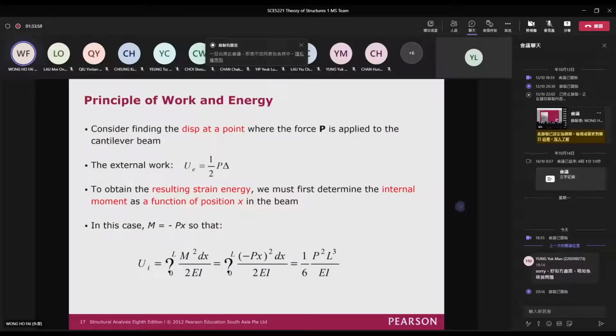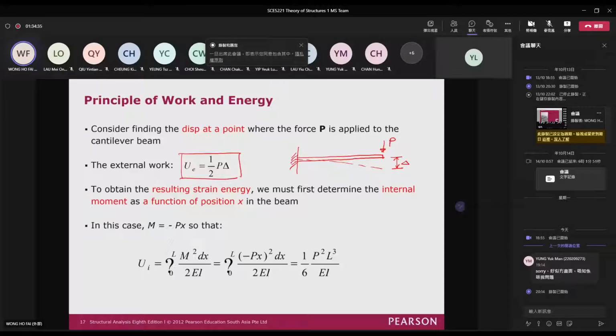Say right now, if I have a cantilever beam here, and then I have a force applied here, which is equal to P, and I want to find what is the delta here. Then you know that the external work done is equal to half times P times the delta, because the external force will do work equal to P times delta and a half, as we mentioned before.